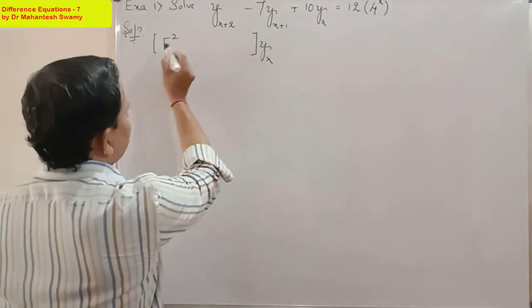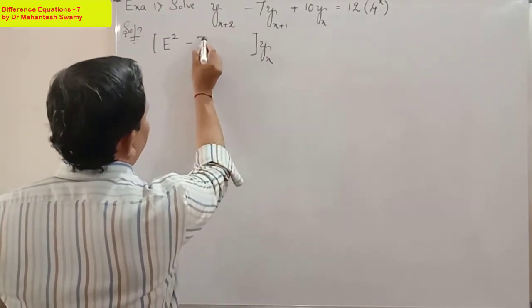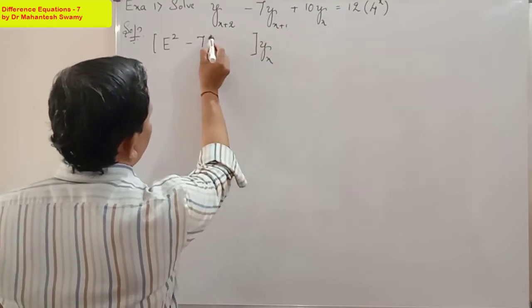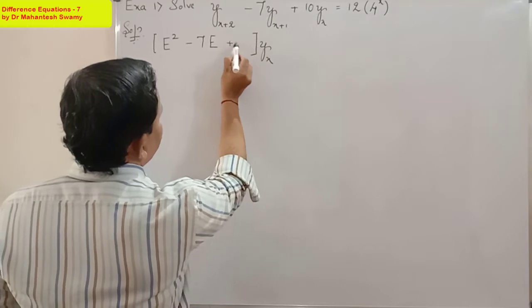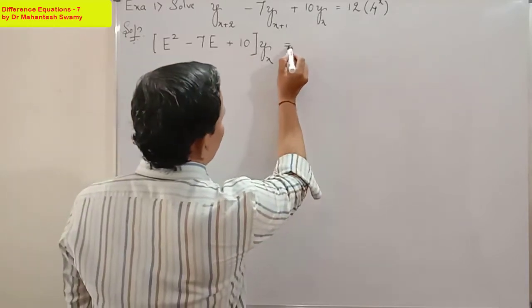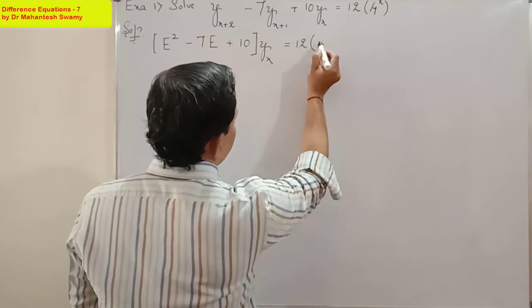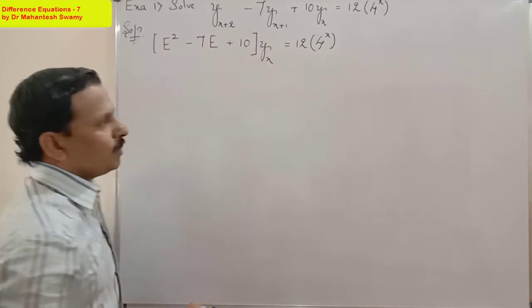So y of x plus 2 becomes E square y of x, minus 7 as it is. y of x plus 1 will be E of y of x, plus 10 into y of x outside the bracket. That is equal to 12 as it is, a constant multiplied with the given function, that is 4 to the power x.